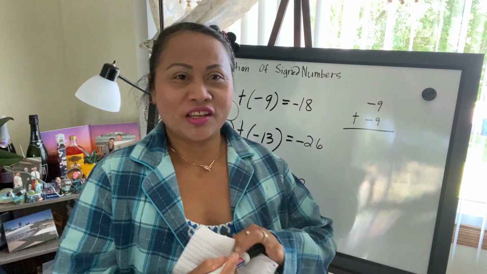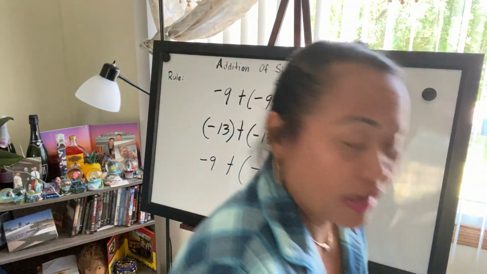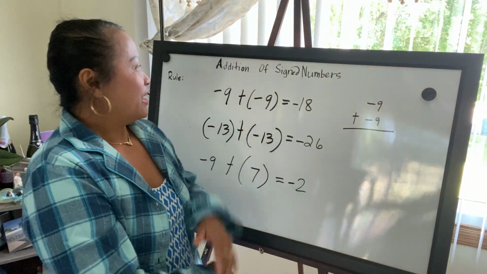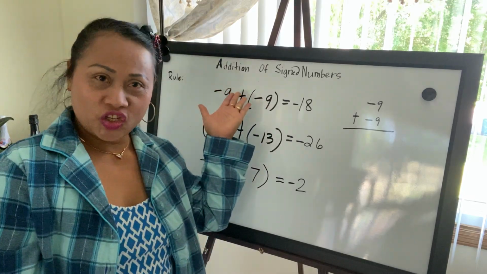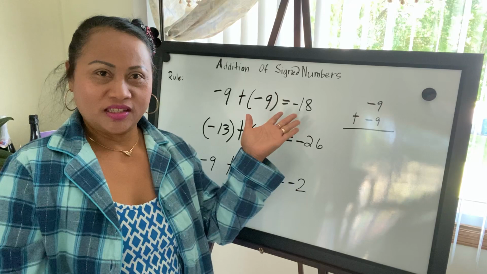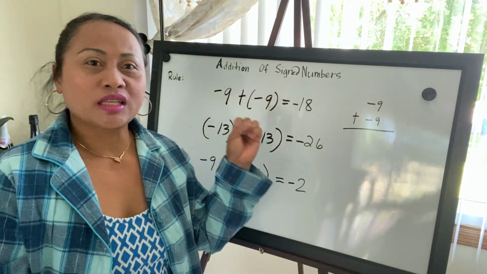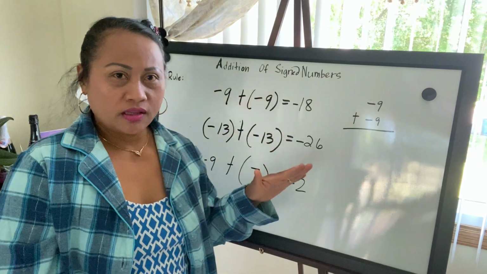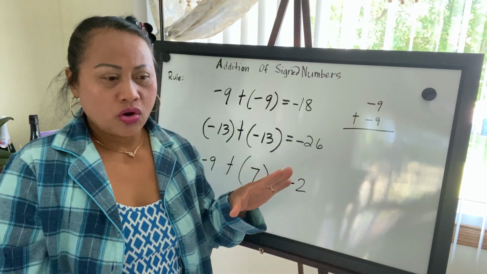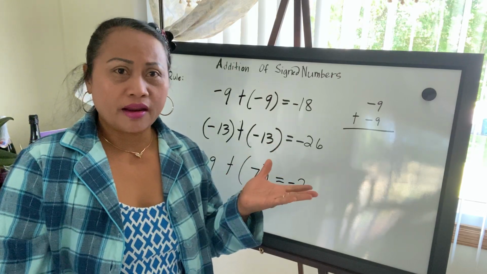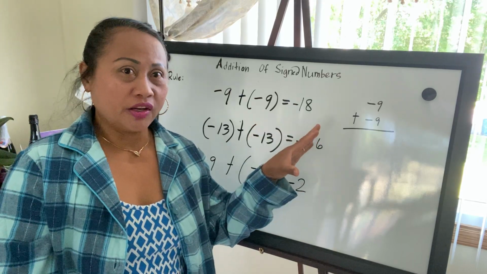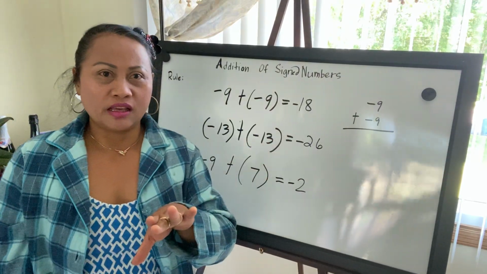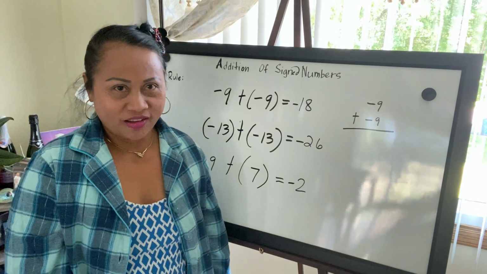I hope you learned a little bit in this lesson. And this lesson is addition of signed numbers. Signed numbers are positive and negative. And take note, in adding signed numbers with a different sign, where one number is positive and the other is negative, you have to subtract.